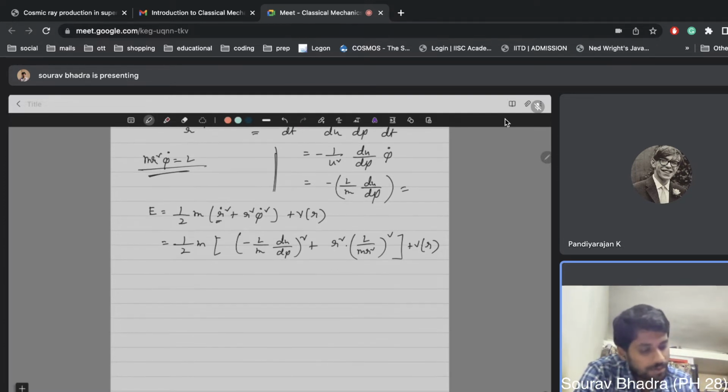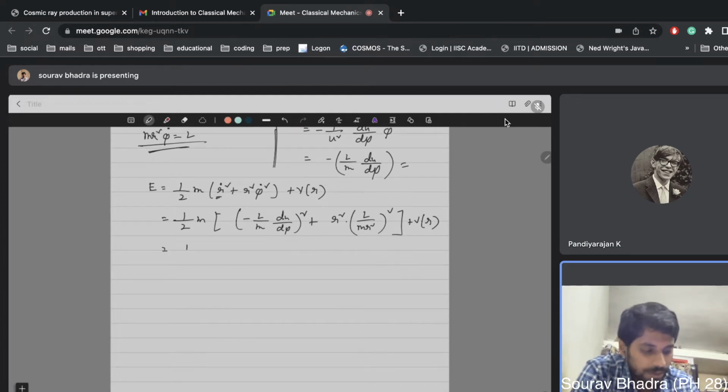If you calculate this, you will get the final result as L square by 2m times (du/dphi) whole square plus u square, plus V(r).